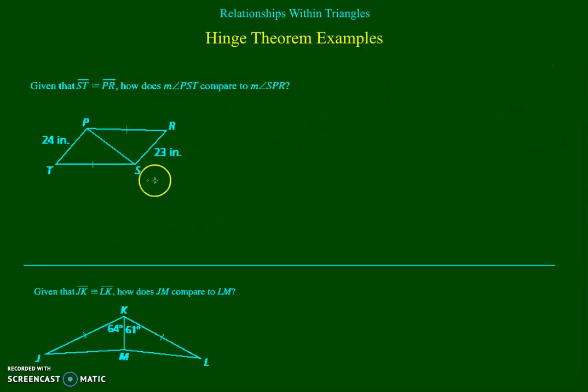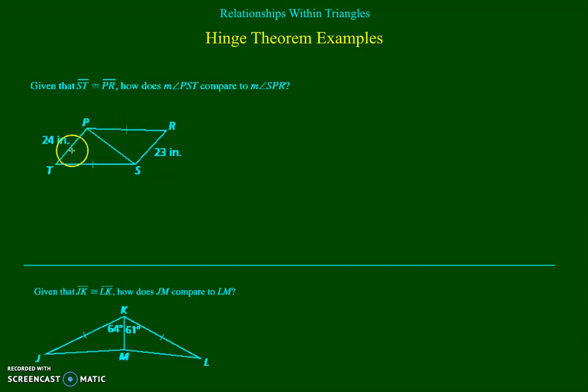So in this example, we're given that ST is congruent to PR, and we're asked, how does angle PST, this angle right here, compare to SPR, this angle here? So since PS is congruent to itself, we have two sides of one triangle congruent to two sides of a second.